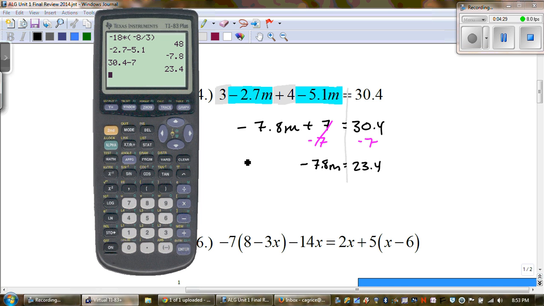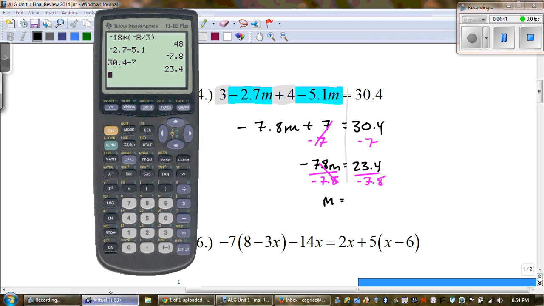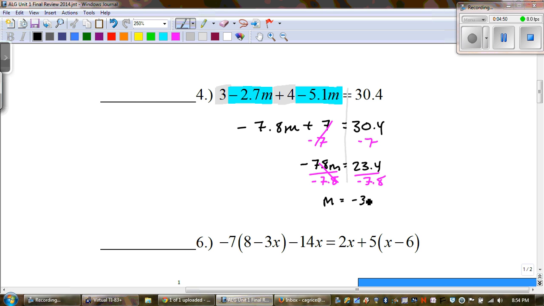Good. And then the last step would be to divide by negative 7.8. So divide by negative 7.8. And our grand total, m equals negative 3. So all of that work, and we get a nice easy answer.